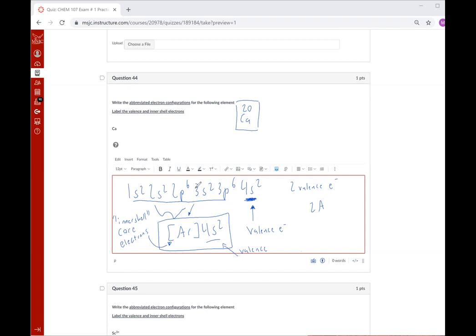Any other questions on this example? If not, let's keep going.